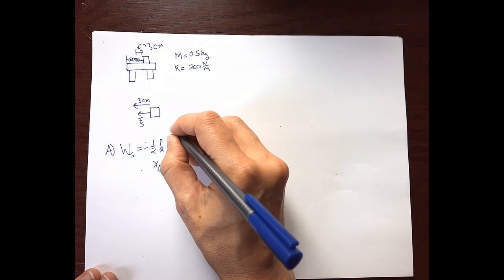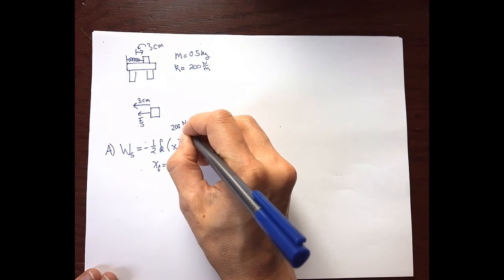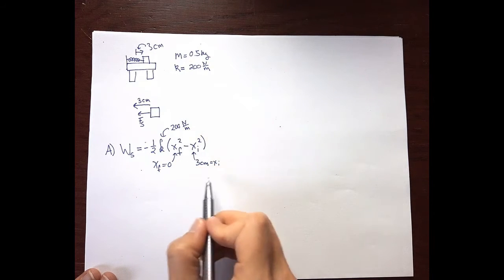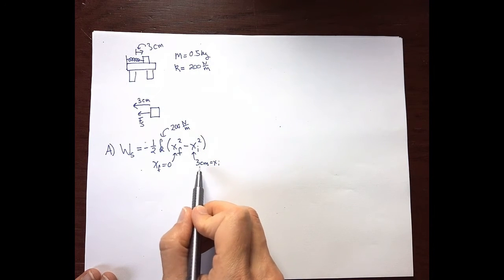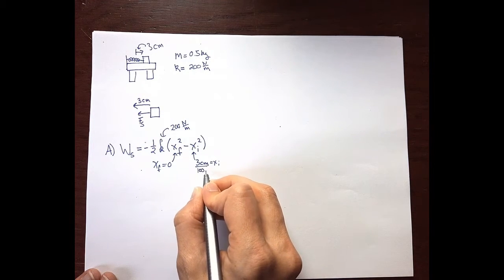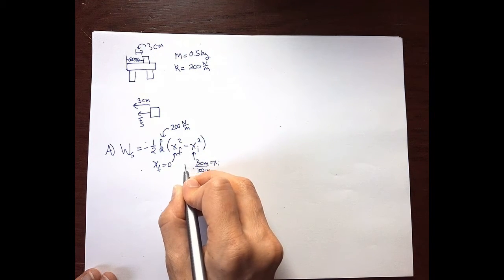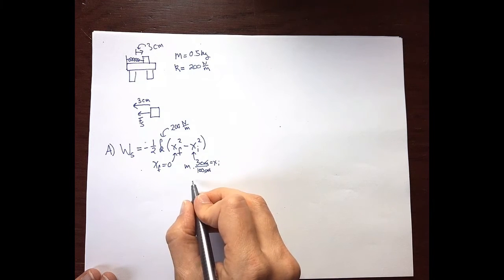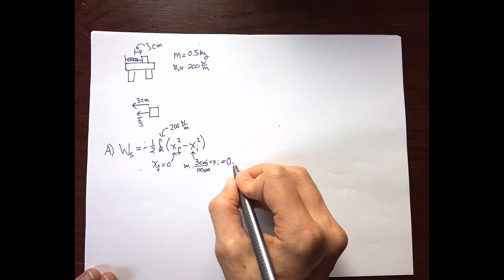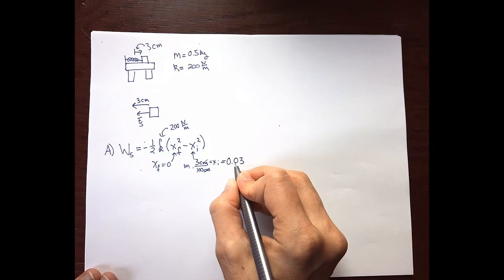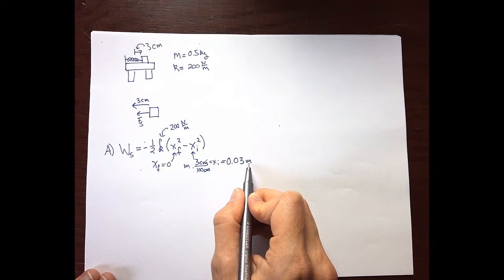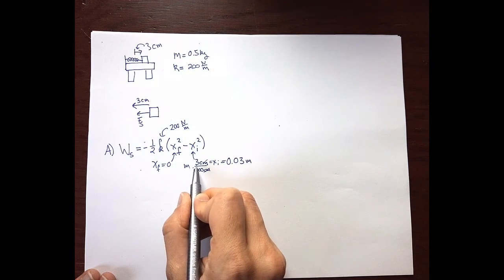And then K is 200 newtons per meter, and we see a problem: newtons and meters and centimeters here, so let's switch this over to meters. There are 100 centimeters per meter. So this is going to be, I wrote it terribly, but that is going to be 0.03 meters, and double check, fewer meters, more centimeters.